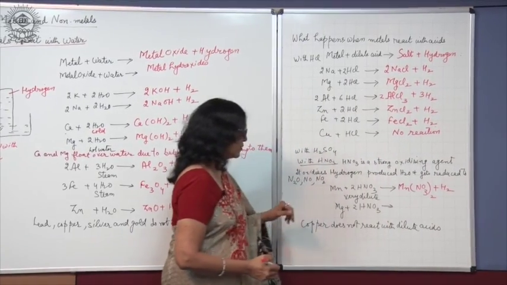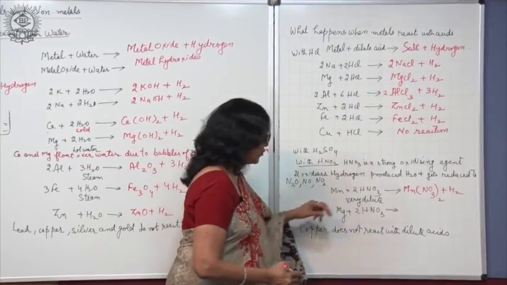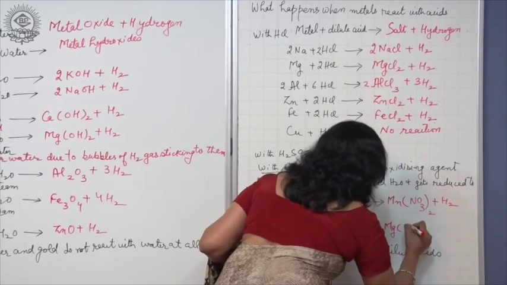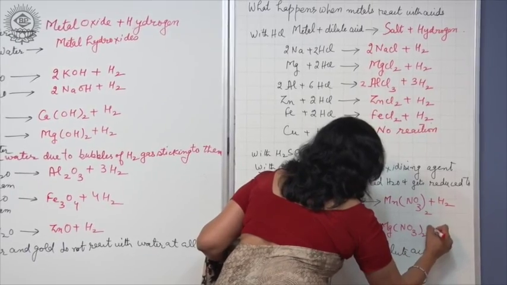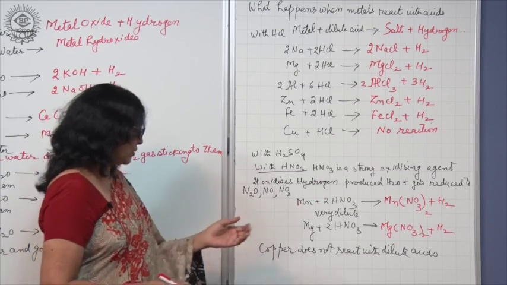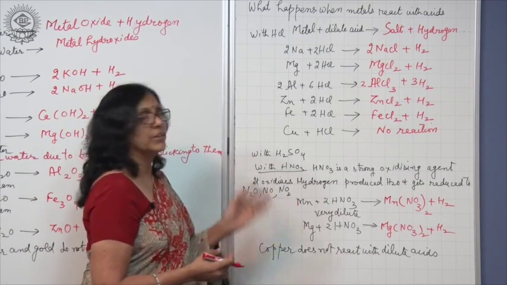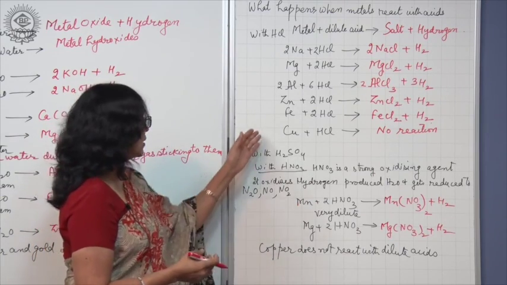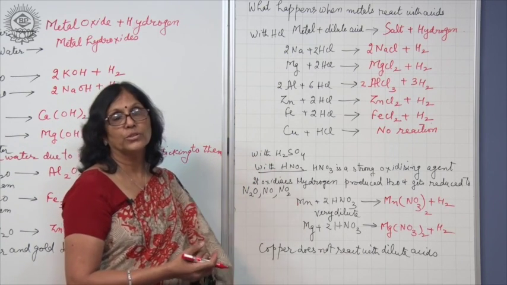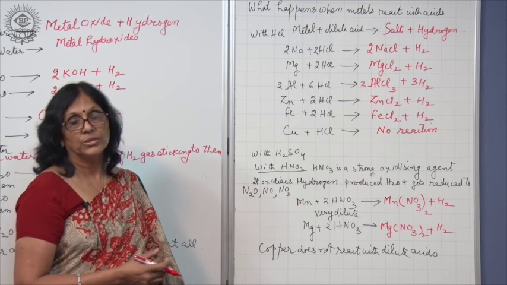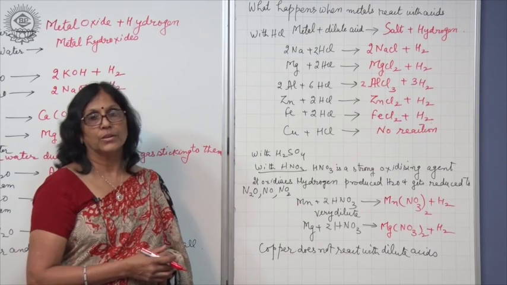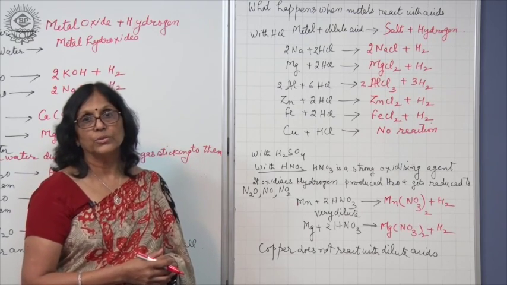And in the case of magnesium, magnesium nitrate. Now, think about the formula of magnesium nitrate and write it down. Copper does not react with any of the dilute acids, as we have discussed earlier in the case of HCl, H2SO4 and HNO3. Other metals, silver, gold and lead, also do not react with the dilute acids.